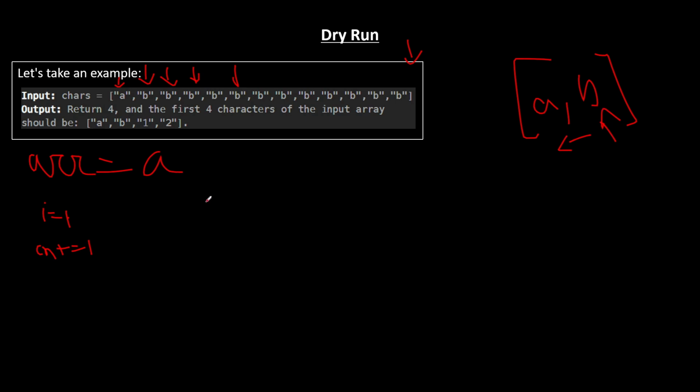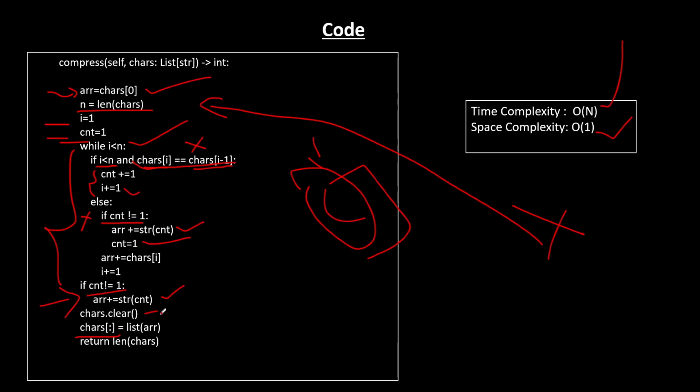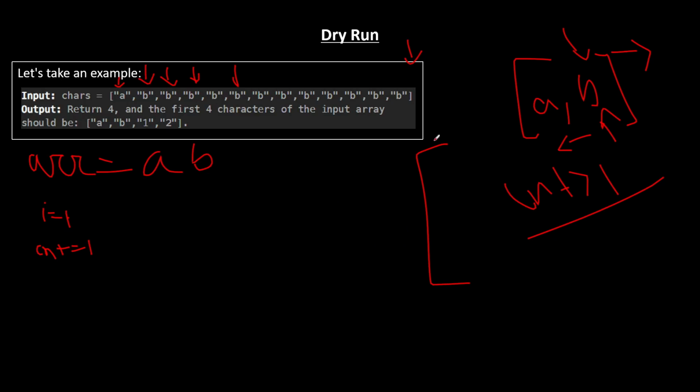If it is not, we will come to the else case and we will check if the count is greater than 1 or not. That is also false. It is not. So we will just append B to the array and we're done. But after the while loop, we will check if count is not equal to 1. But here count is again equal to 1. So we'll just return AB as the answer.